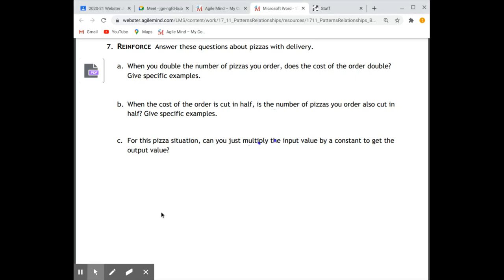Reginald, read A for us, please. When you double the number of pizzas you order, does the cost of the order double? Give specific examples. Okay, so it says answer these questions about pizzas with delivery. So when you double the number of pizzas you order, does the cost of the order double?